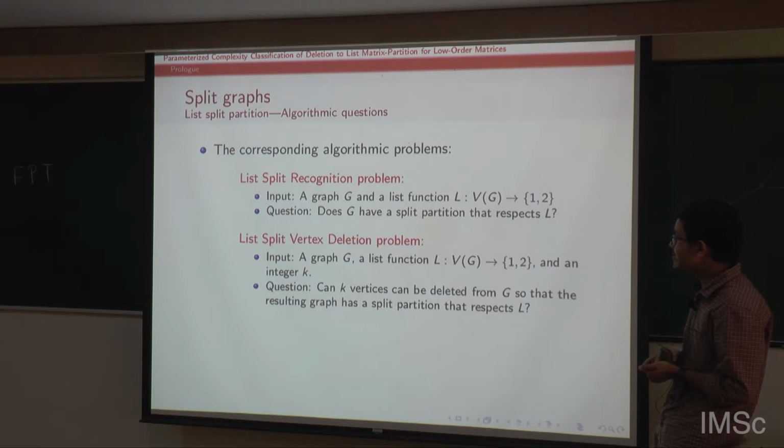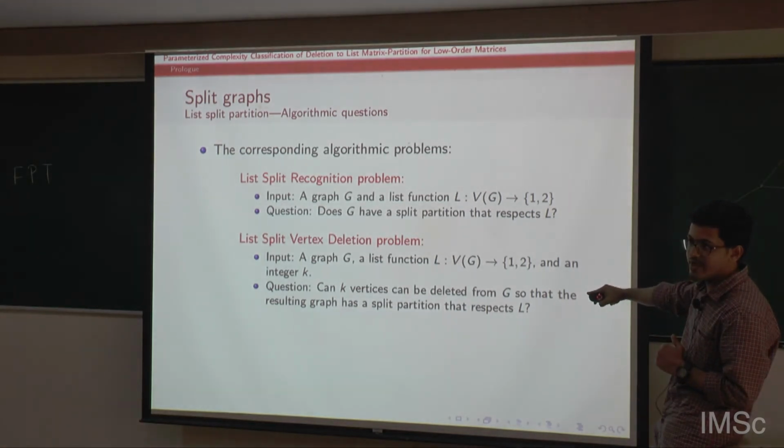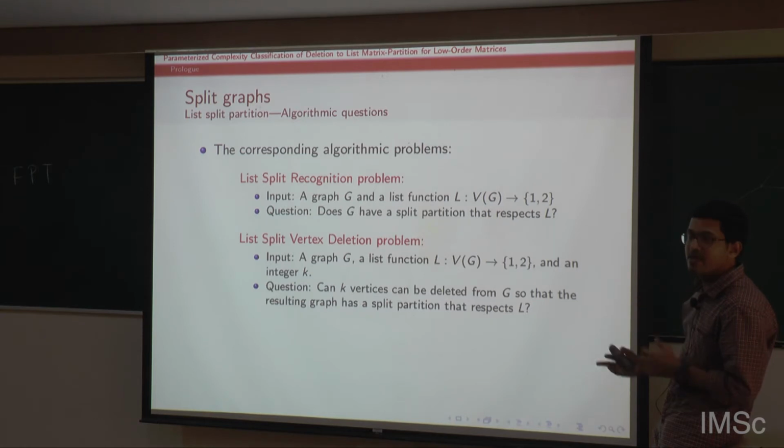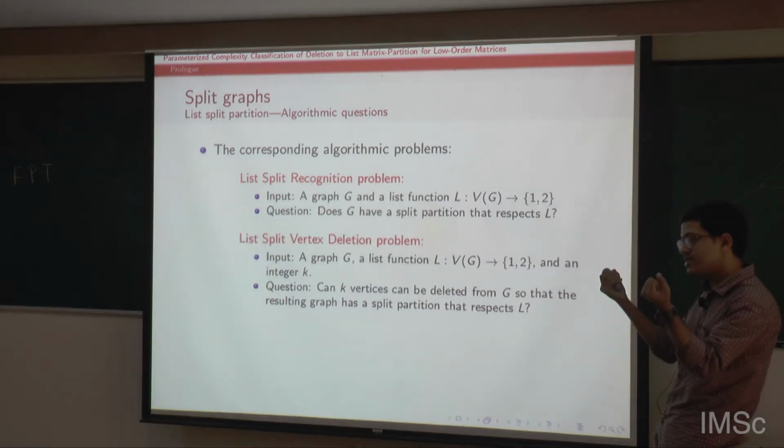And it is not very difficult to see that, assuming the result for the recognition and deletion problem without lists, the recognition problem here would be polynomial time solvable and the deletion problem would be NP hard and FPT. See, if you have a split graph, how many different split partitions can it have? Only polynomially many, right? So you have a clique and an independent set. How many other such partitions can be there?